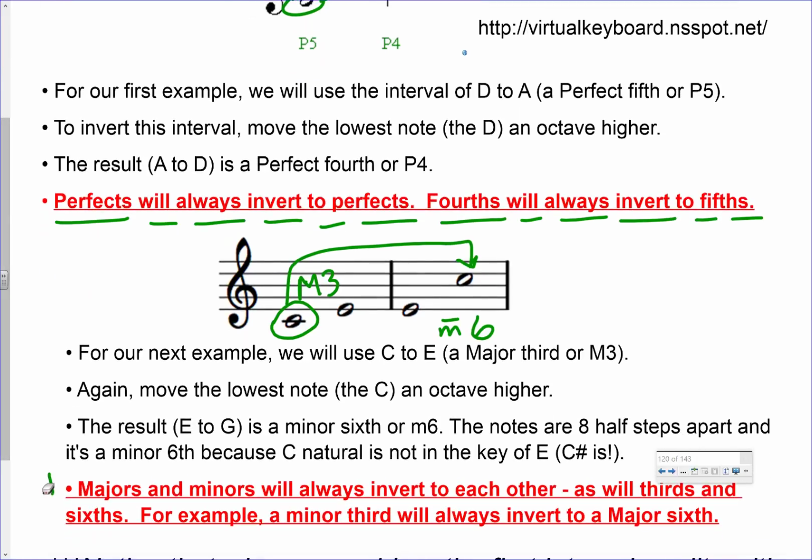Key point. Majors and minors will always invert to each other, as will thirds and sixths. So for example, a minor third will always invert to a major sixth.